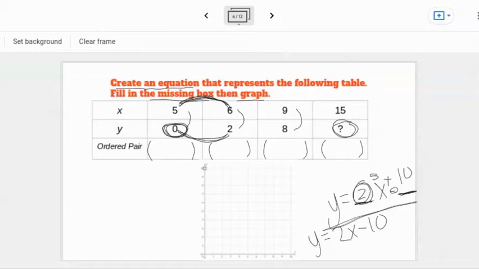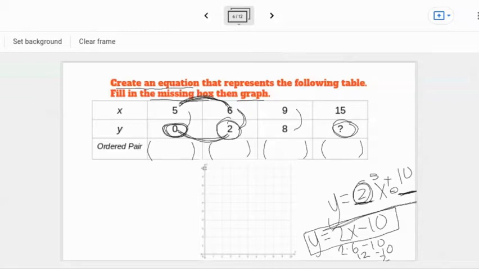So I'm going to plug in my next x, which is 6. So 2 times 6 minus 10. 2 times 6 is 12, minus 10. That is 2. So when I plugged in a 6, I got that 2 that I wanted. So that tells me step 1 is done. My equation is y equals 2x minus 10.